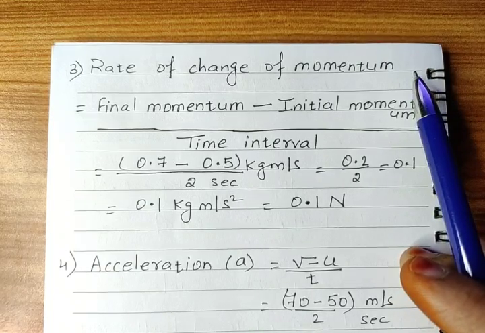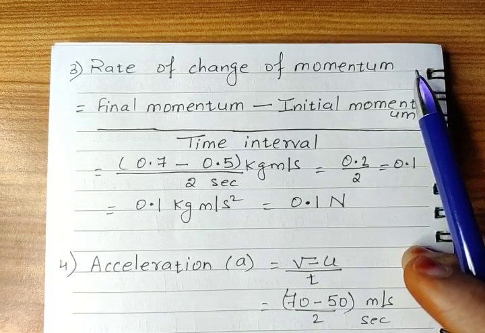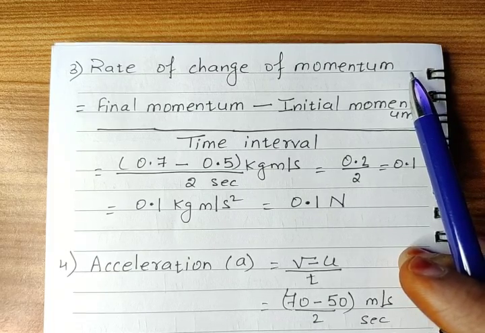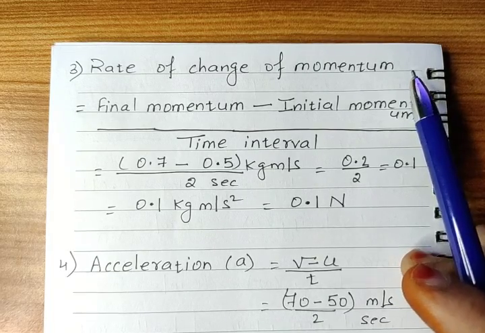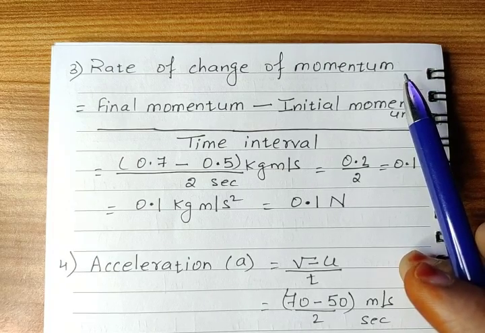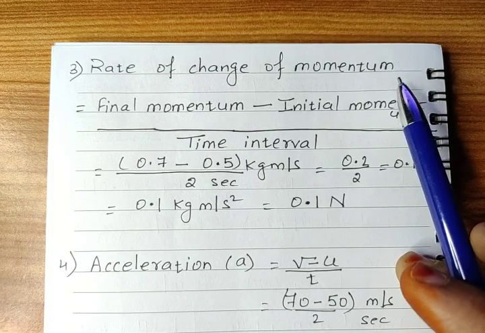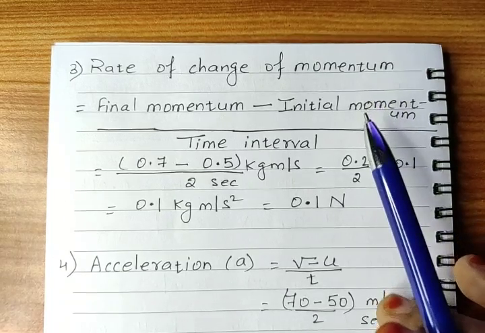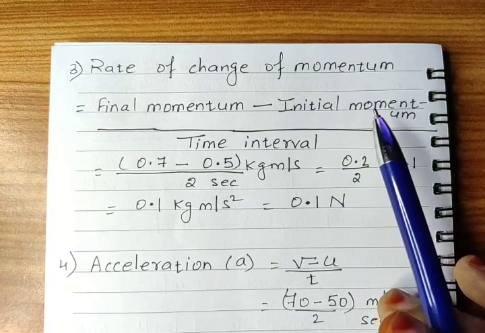But when you have to find rate of change of momentum, it means how the body is changing its momentum with the time interval. That is rate of change of momentum. How the momentum of the body is changing with the time interval, that's why it is called rate of change of momentum.